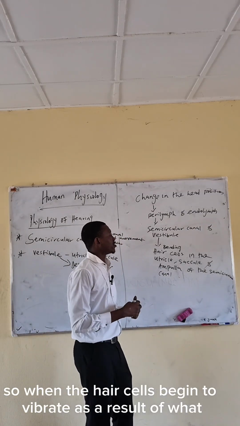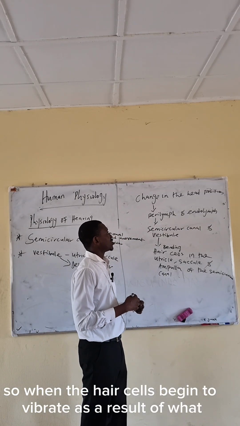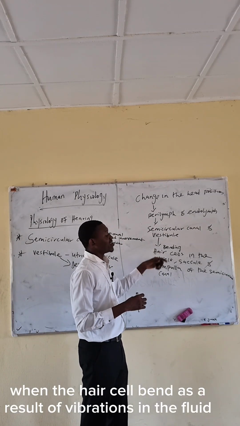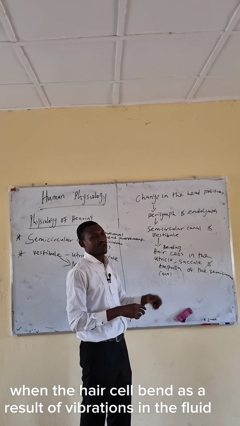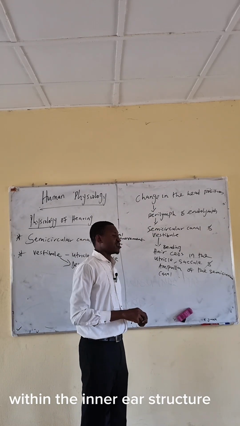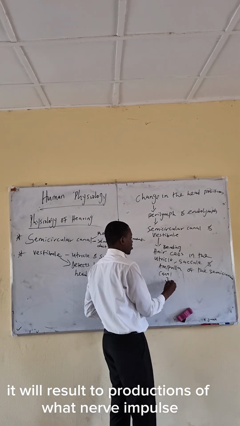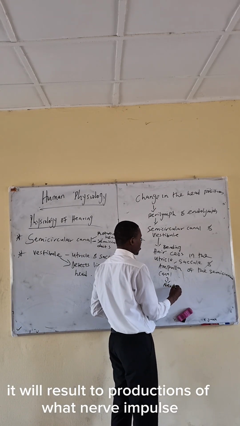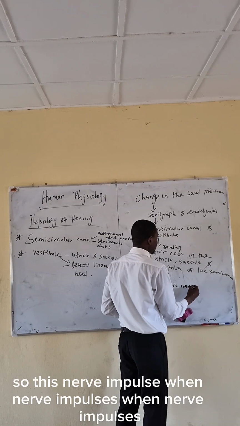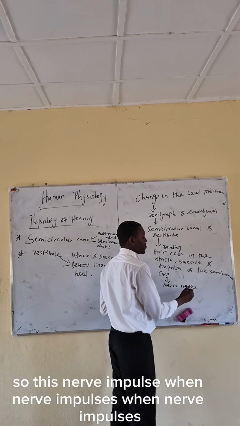So when the hair cells bend as a result of vibrations in the fluid within the inner ear structure, it will result in production of what? Nerve impulse.